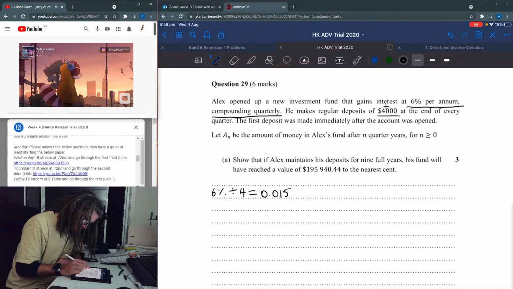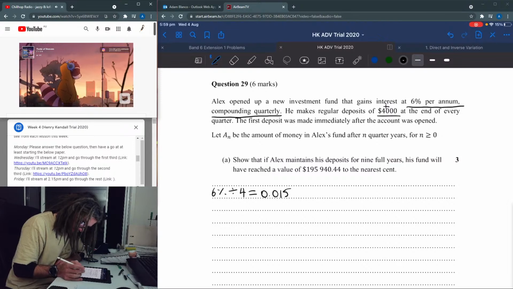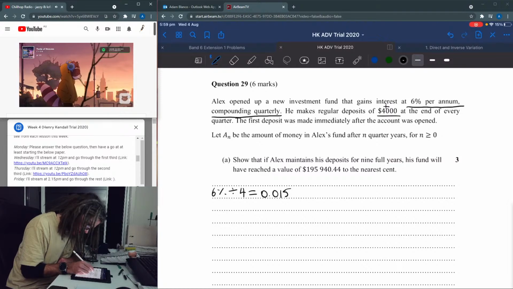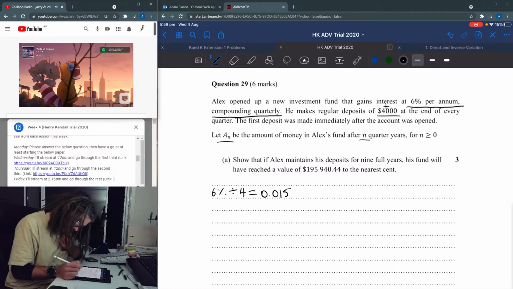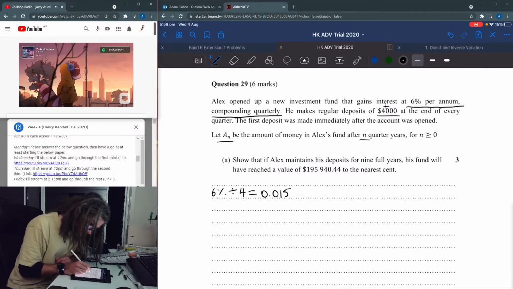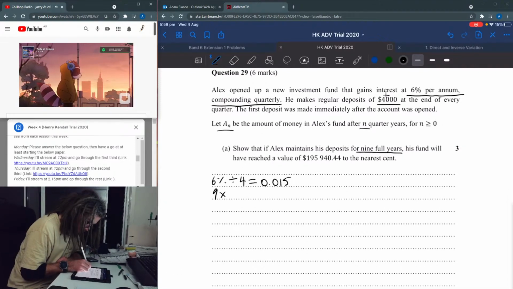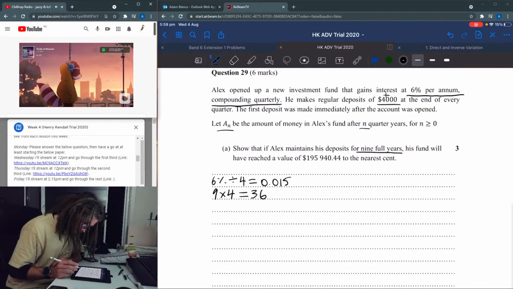The first deposit is made immediately after the account was opened. Quarter years, so A of N is what we're using. If he maintains it for 9 full years, quarterly, that's 36 time periods. Holy moly.